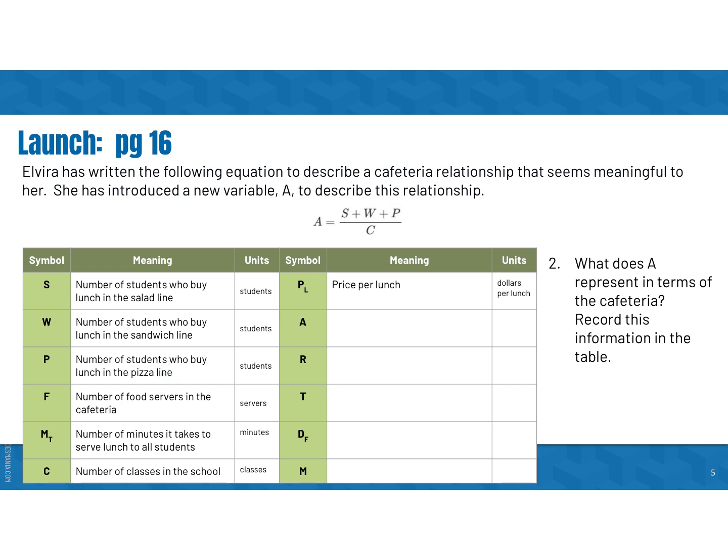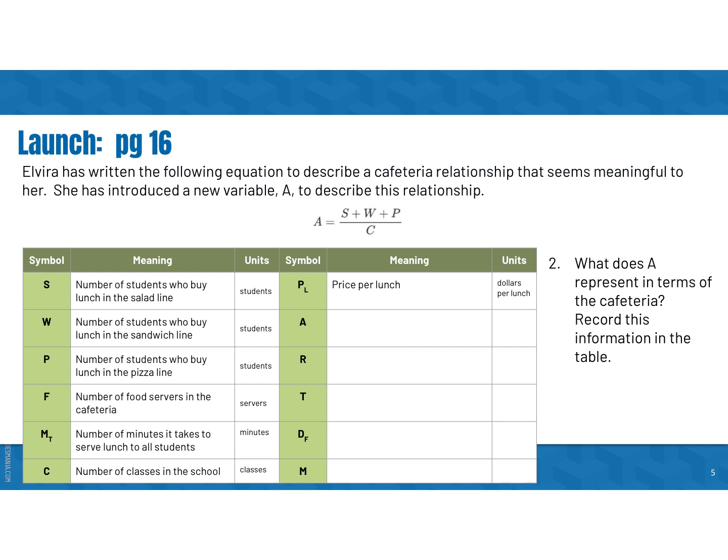So we want to figure out, and then C is the number of classes in the school. So if we're adding stuff up like this and then we divide it by a number, this is actually what is considered an average. So we're doing an average, and we're doing S, W, and P. S, W, and P are students.